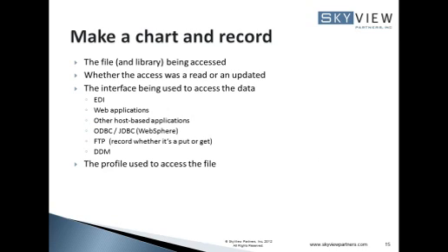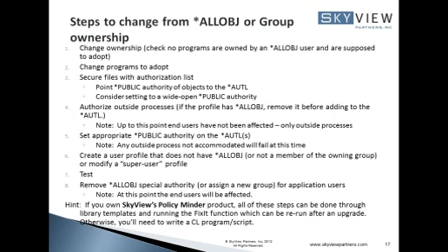So in the example that I used, you have a commission application that needs to update an inventory file. So I would add the profile that is running that commission report to the authorization list that is securing these files. And then I test that application and make sure it works.